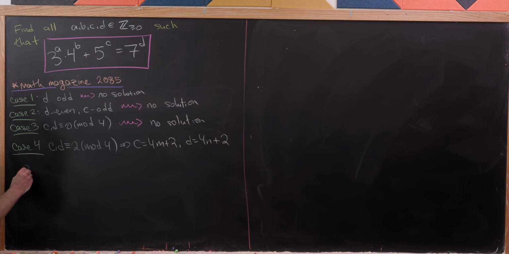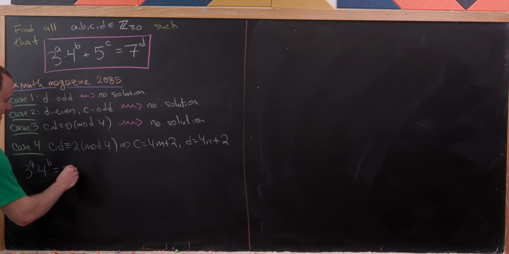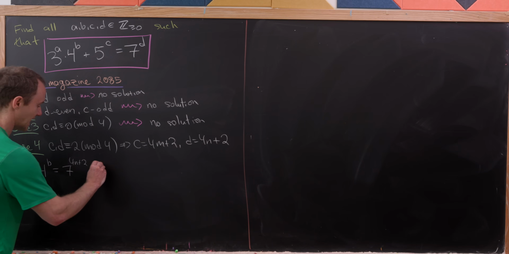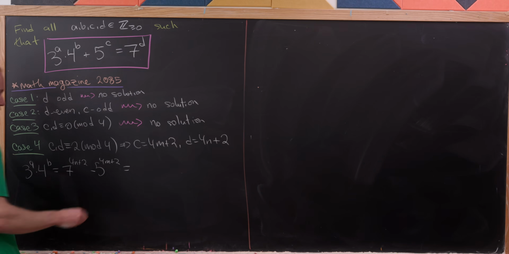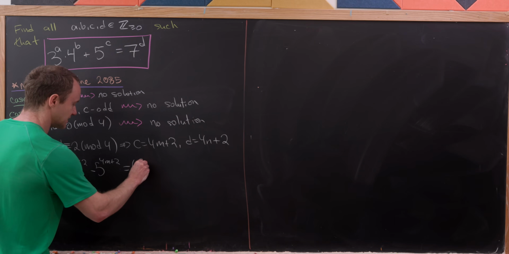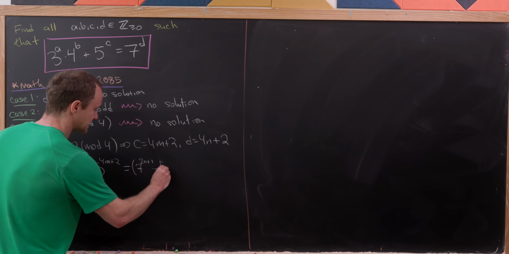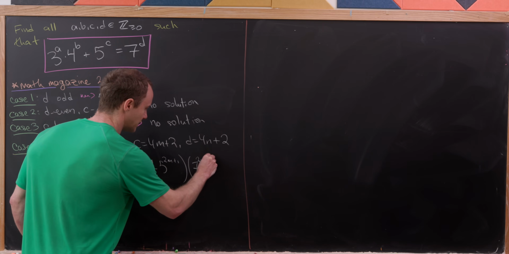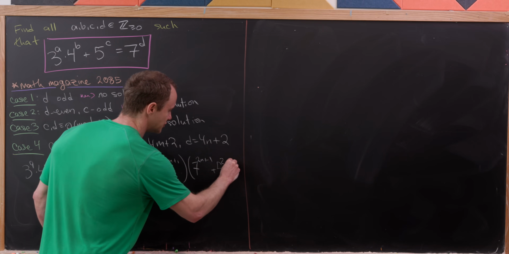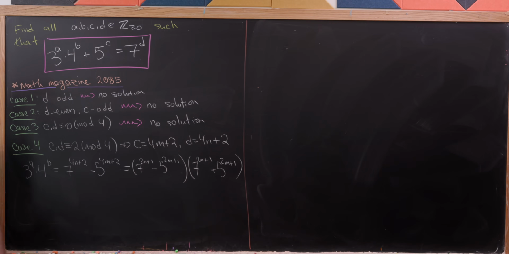So that's going to give us 3 to the a times 4 to the b is equal to, I'm going to write this as 7 to the 4n plus 2 minus 5 to the 4m plus 2, which kind of pretty quickly factors as 7 to the 2n plus 1 minus 5 to the 2m plus 1 times 7 to the 2n plus 1 plus 5 to the 2m plus 1. So something like that.